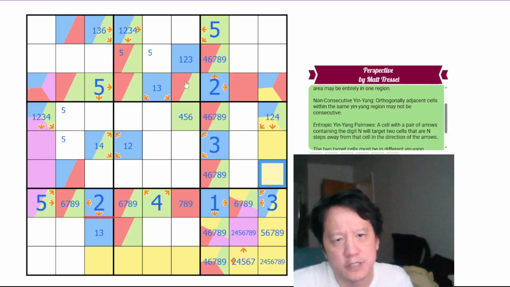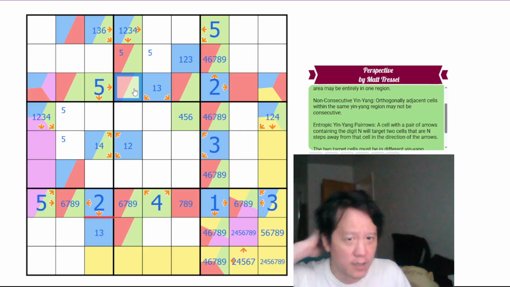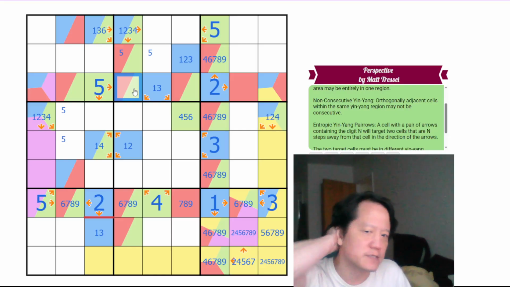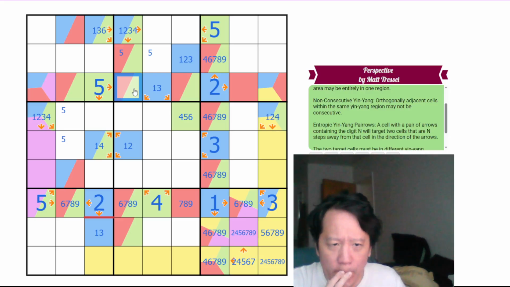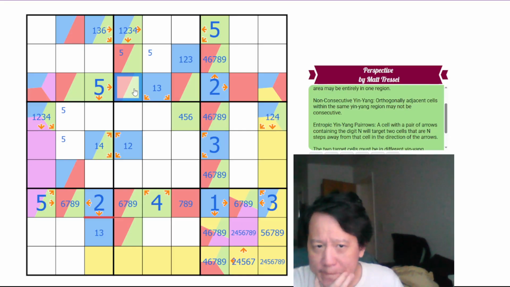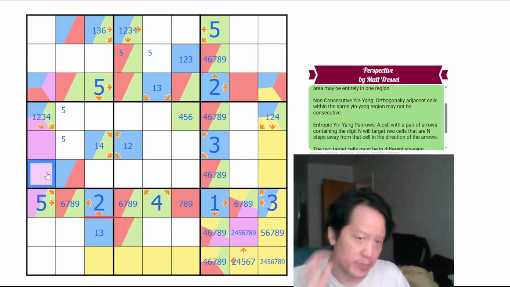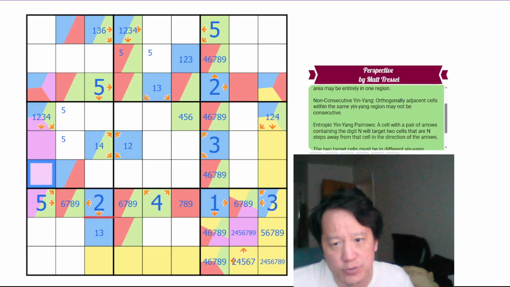We are guaranteed in row 3, 1 out of 4 of 6 is going to be at least one of these digits. Does that help us much? I don't really know. Maybe, maybe not. We know 4 or 6 cannot be here because they are the same region. So this is blue or red.